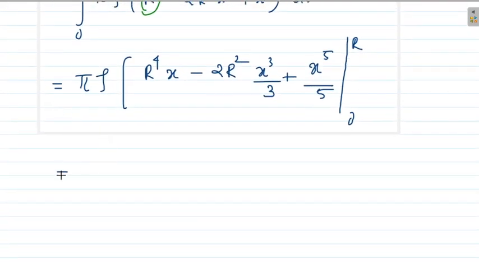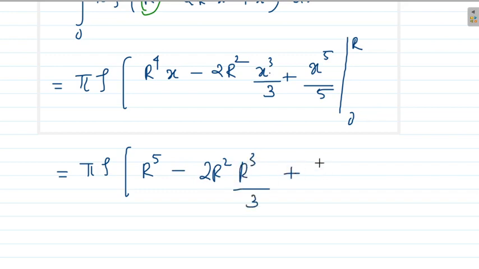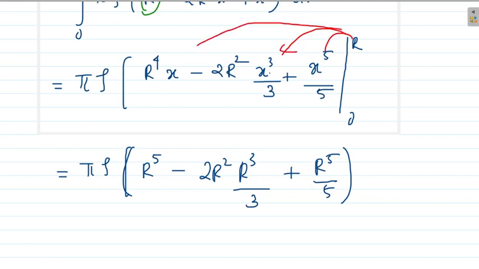Now this is equal to pi rho into r raised to 5 minus 2r square into, instead of x substitute capital R cube by 3 plus r raised to 5 by 5. These are the terms that we get when we substitute capital R into these terms, minus 0.